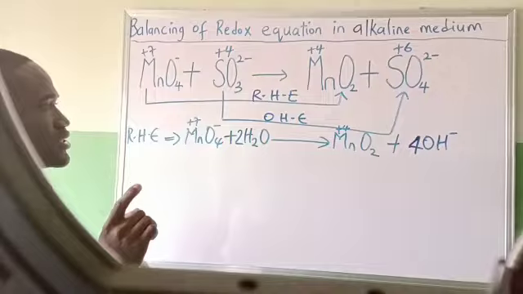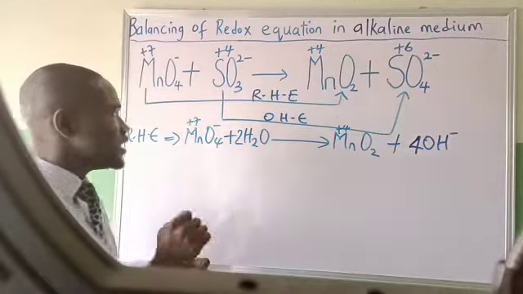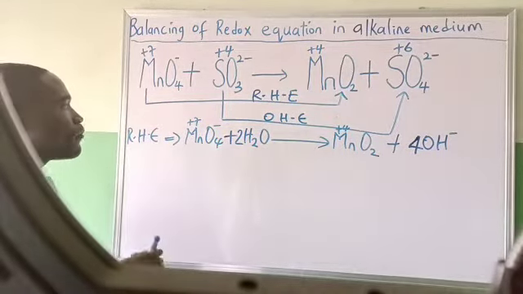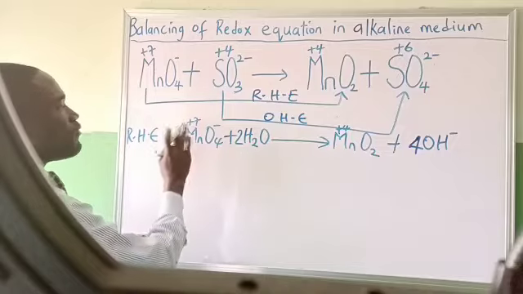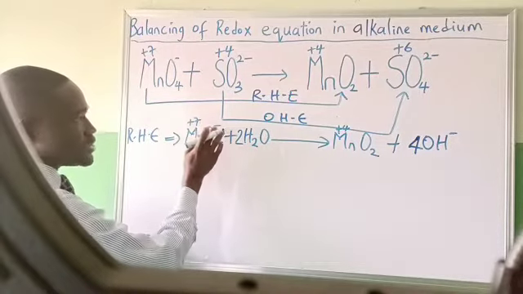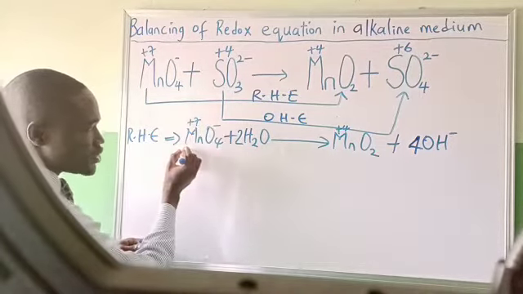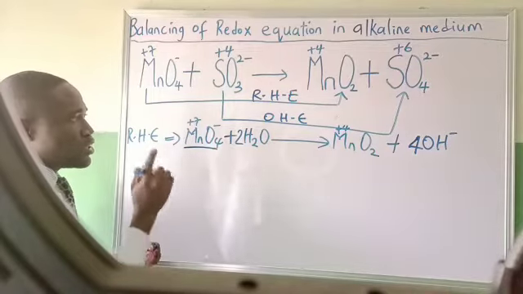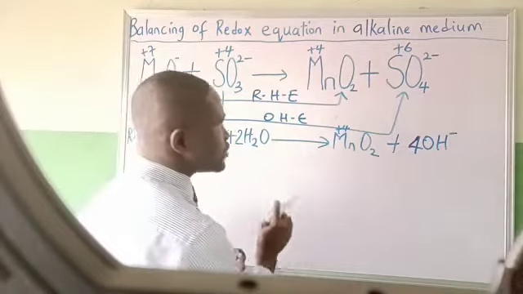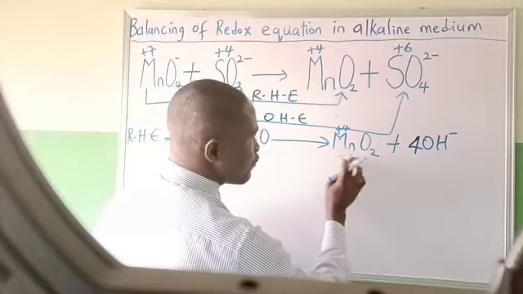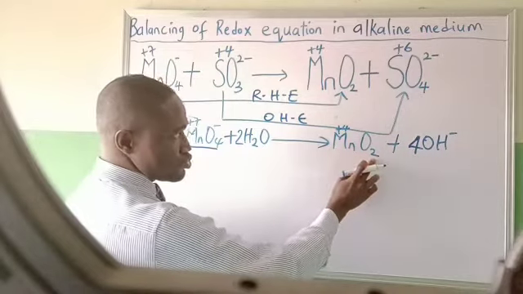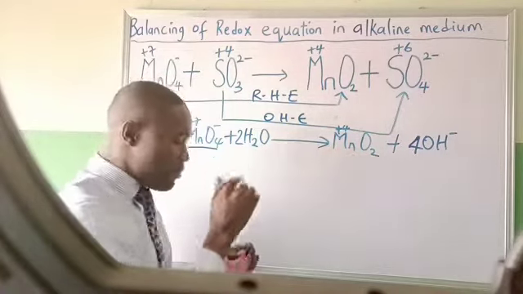Next thing to do is that I need to check their charges if it is balanced. Now, overall charge of this is -1. That is the overall charge of this. You ask yourself, what is the overall charge of this? This is a compound.